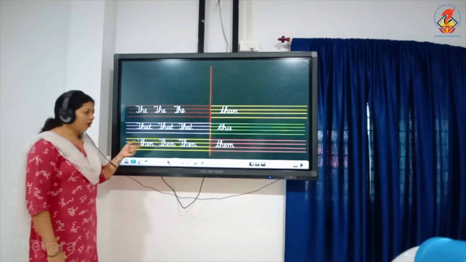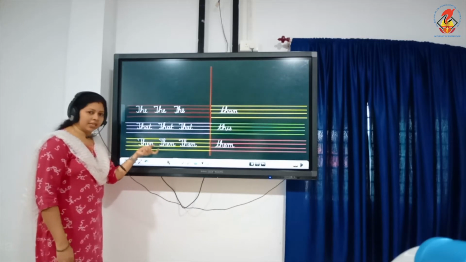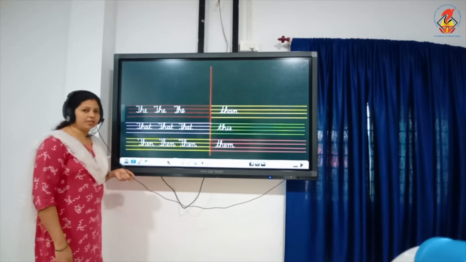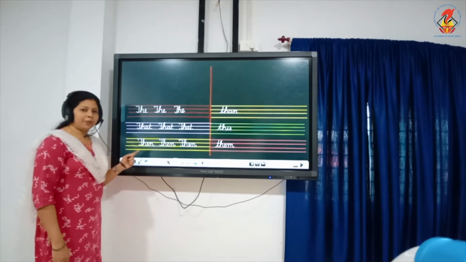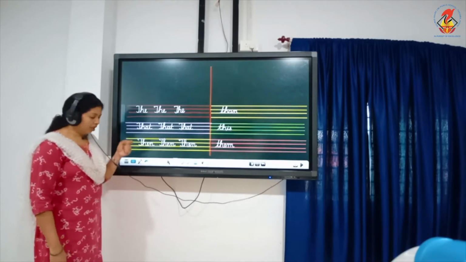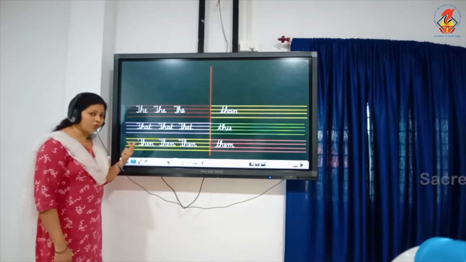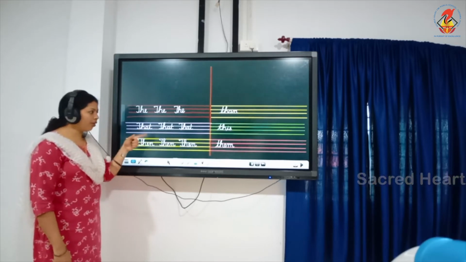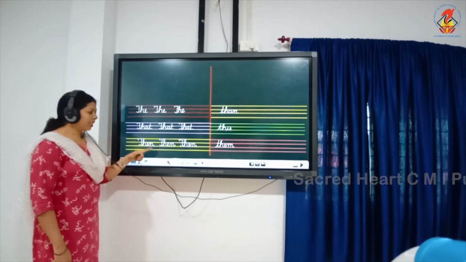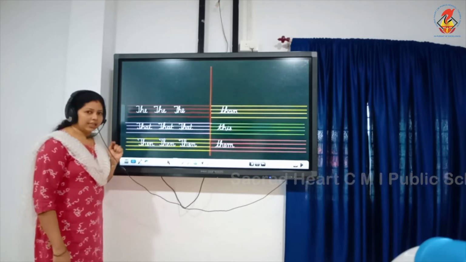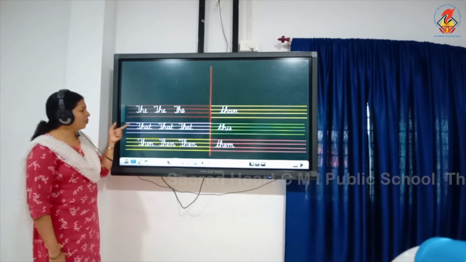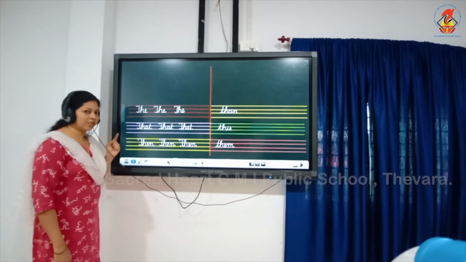Then. I'm not repeating each letter by letter because I've already taught you both cursive, capital and small letter, isn't it? So just revise once more those worksheets and do this one neatly. T-H-E-N. Then. Okay, so three words with capital T is over.